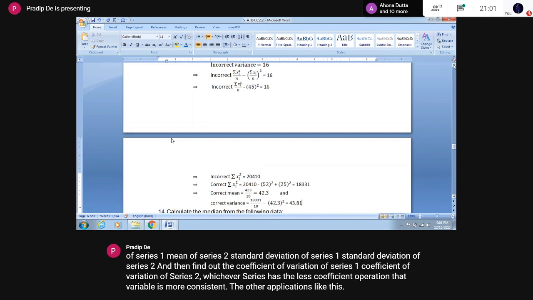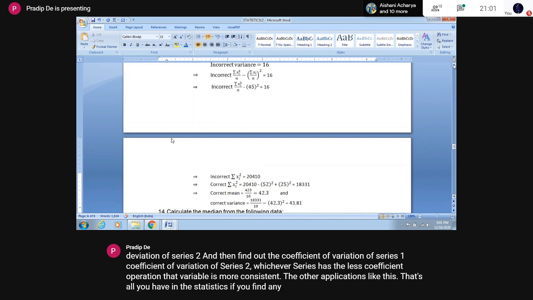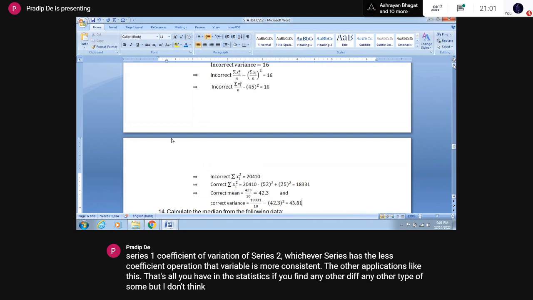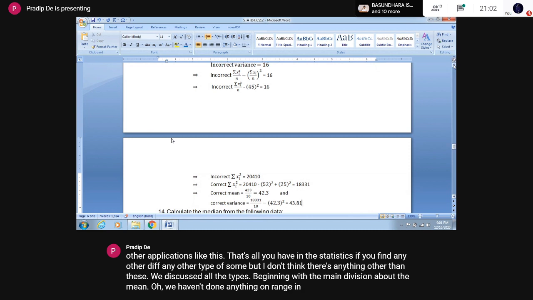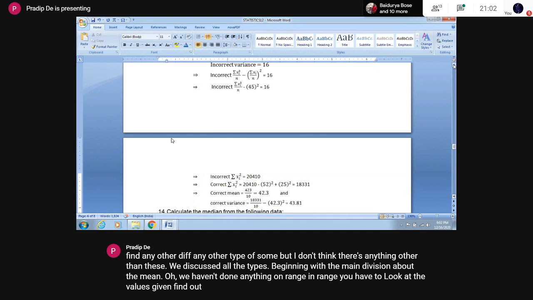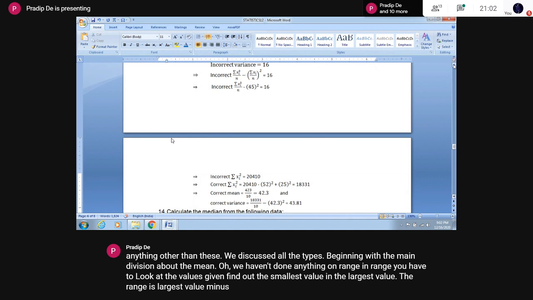That's all you have in the statistics. If you find any other type of sum, but I don't think there's anything other than these. We discussed all the types, beginning with mean deviation about the mean. Oh, we haven't done anything on range. You look at the values given, find out the smallest value and the largest value. The range is largest value minus smallest value. That's all.